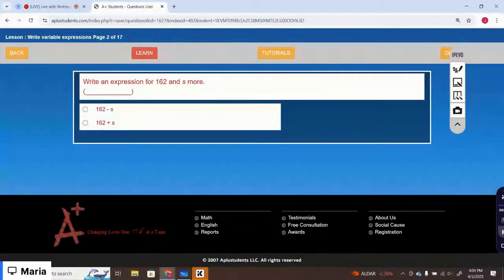Write an expression for 62 and S more. So that is 162 plus S. Option number 2 is the correct option.